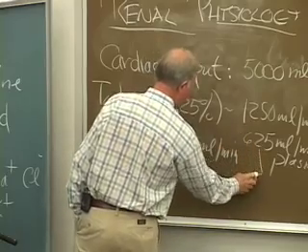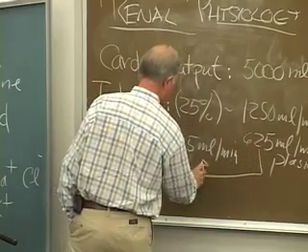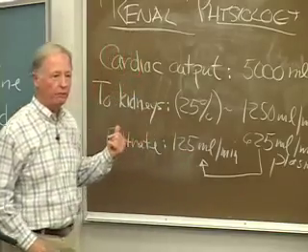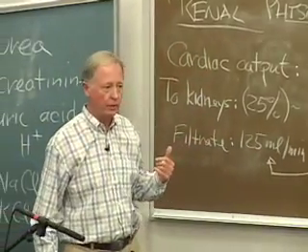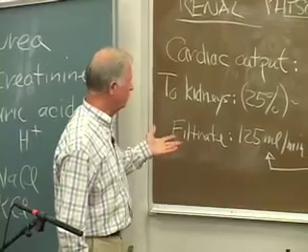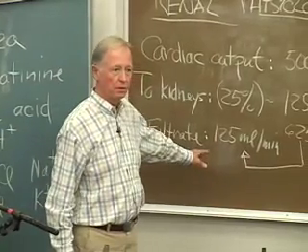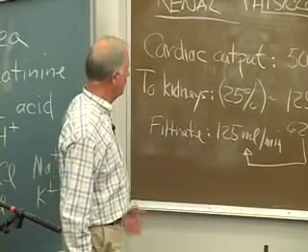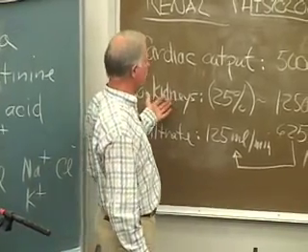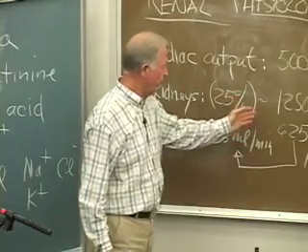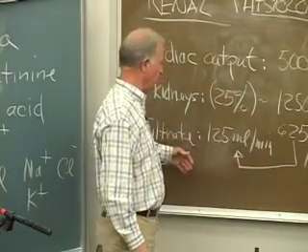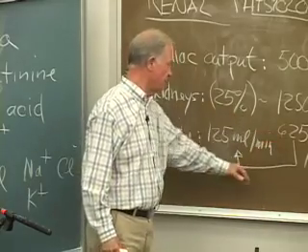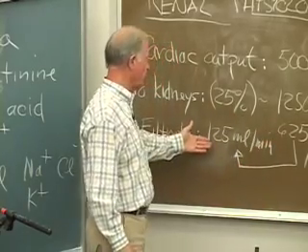So of this 625, 125 gets filtered and processed, which is about 20% of the plasma.